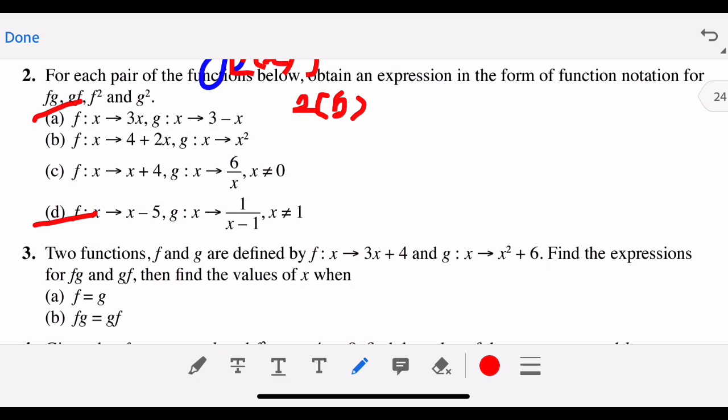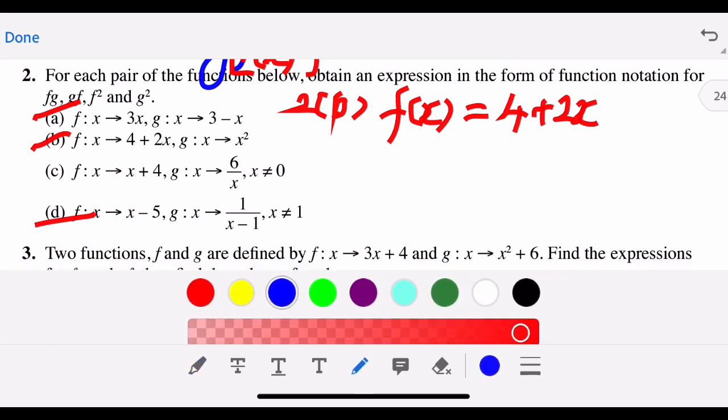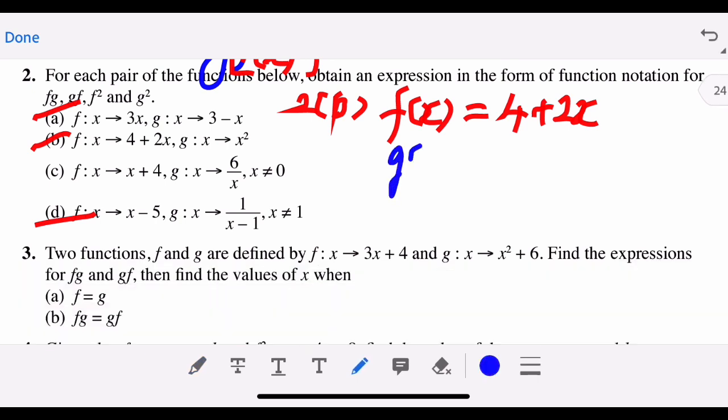So now I'm going to do 2b, which is fx equal to 4 plus 2x, right? So you're asked to find fg, and let's write down the gx. Let's differentiate using different colors. So I'm going to write fx in red color, and gx I'm going to use blue color.